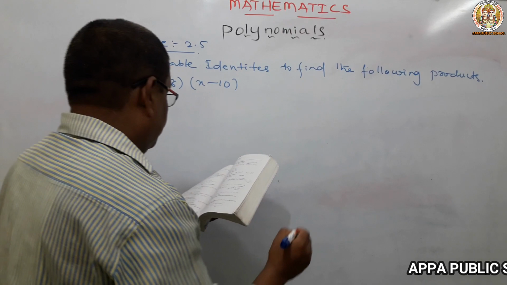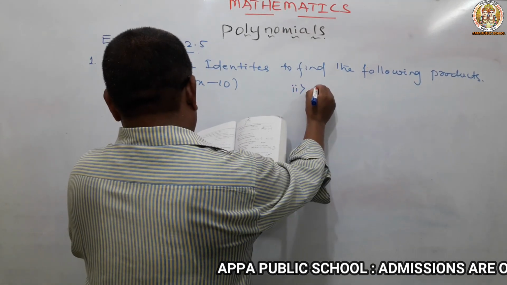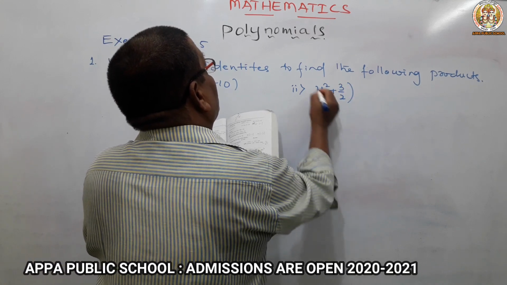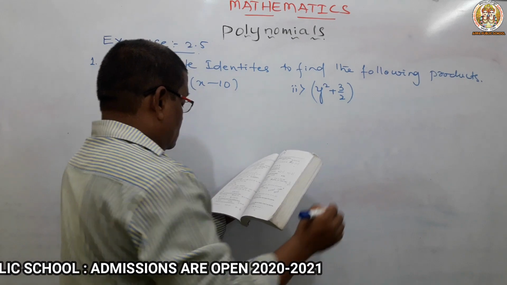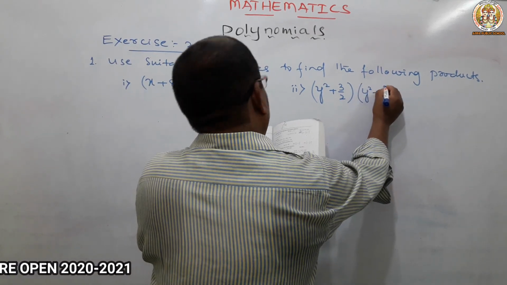One more, y square plus 3 by 2 into y square minus 3 by 2.